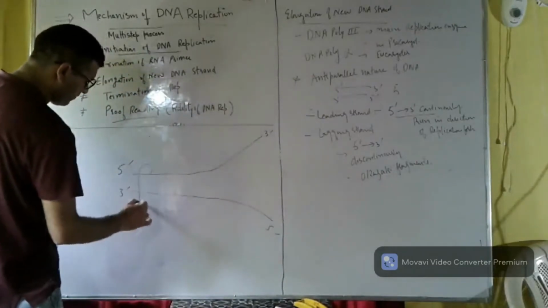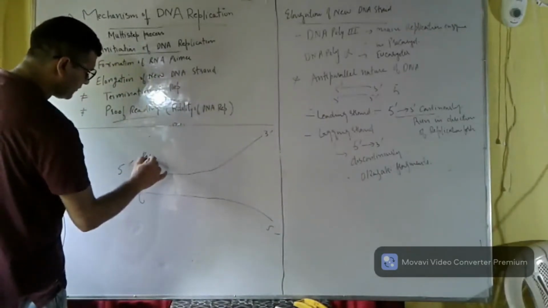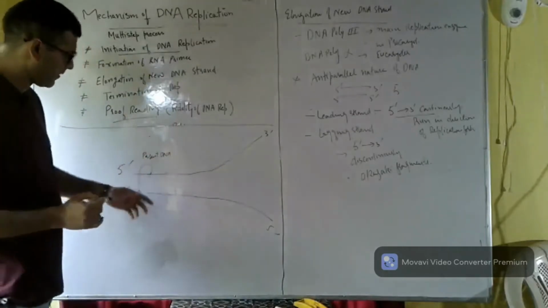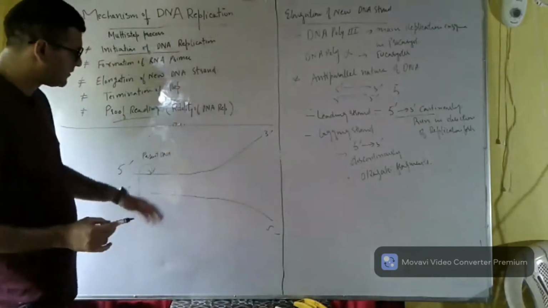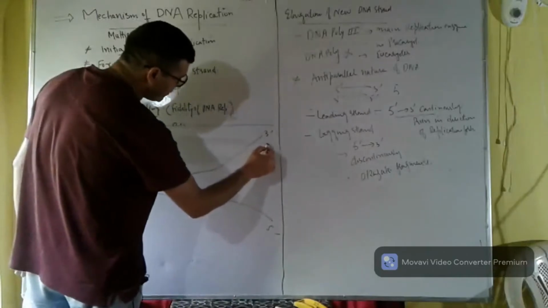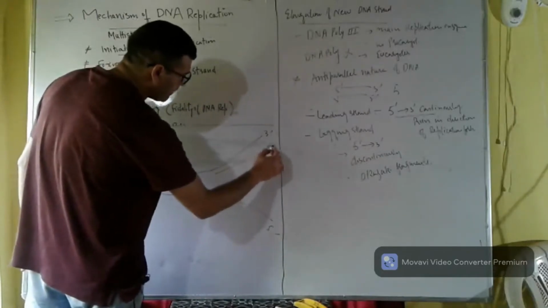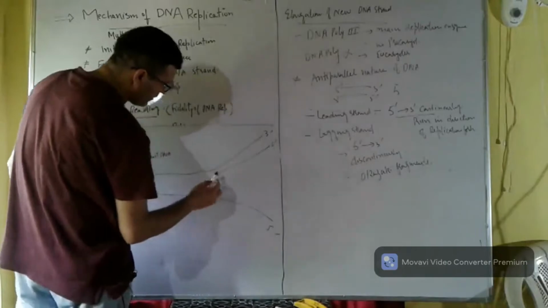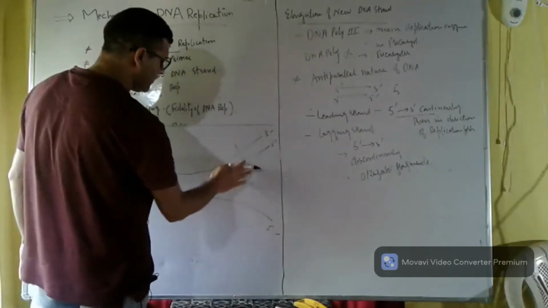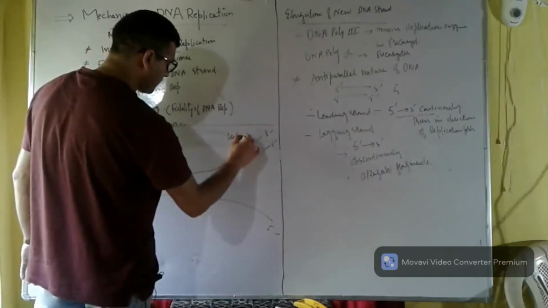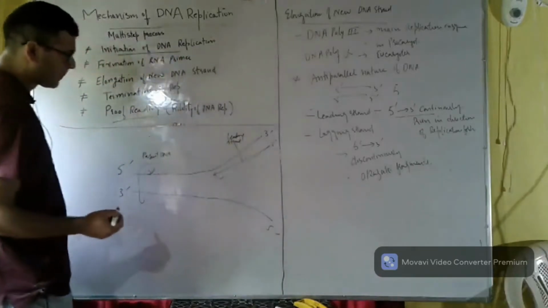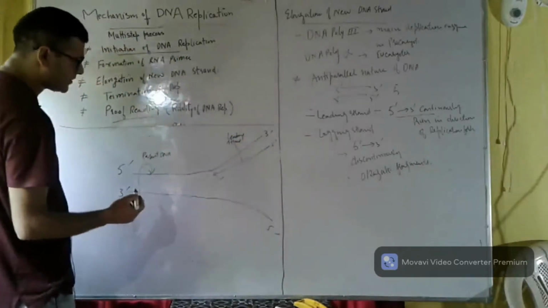So this is the parent DNA molecule, the parent DNA strands. One strand of the DNA is synthesized continuously in the 5' to 3' direction. This is called the leading strand. It is synthesized continuously.